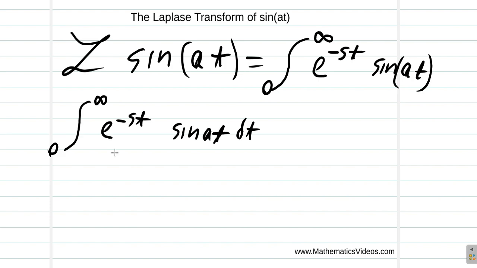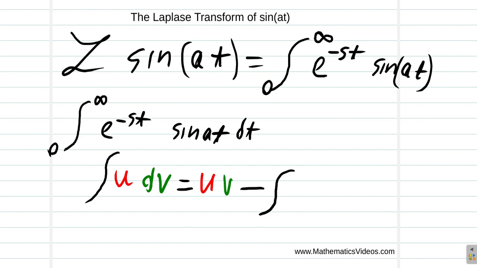It says the integral of u dv, where u and dv are functions, one of these will be u and the other will be dv, equals uv minus the integral of v du.